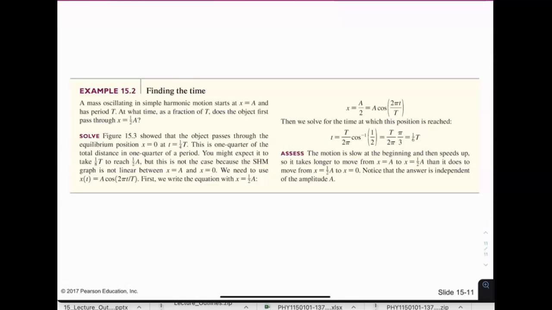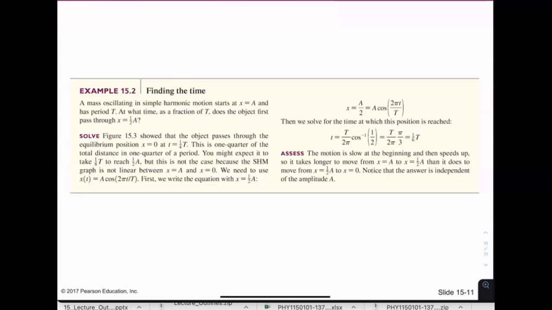If you recall the figure of the cosine function, the object passes through the equilibrium position, x equals 0, at t equal 1/4 the period.